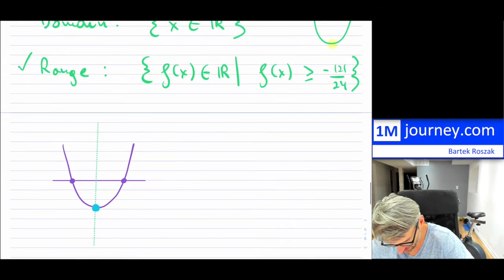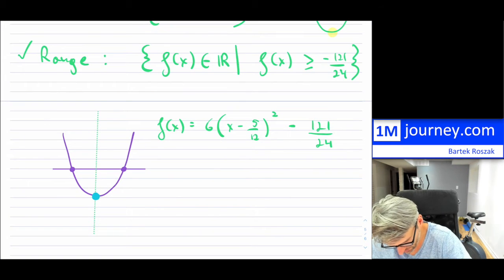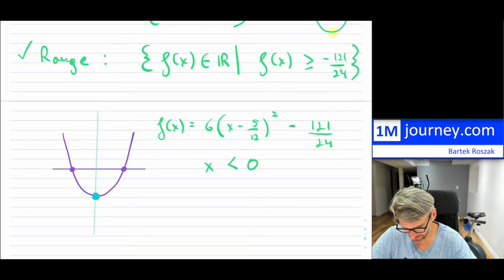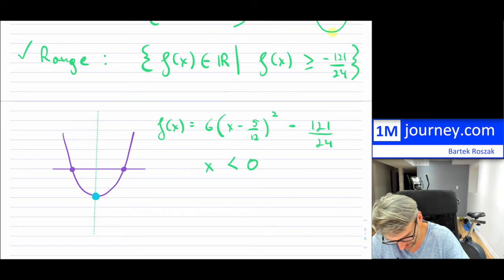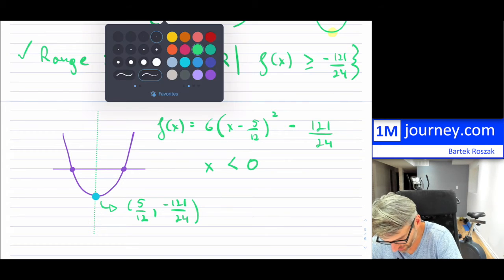Now it's telling us that our x is less than 0. Now our vertex, this point right here, is at 5/12 and negative 121/24.